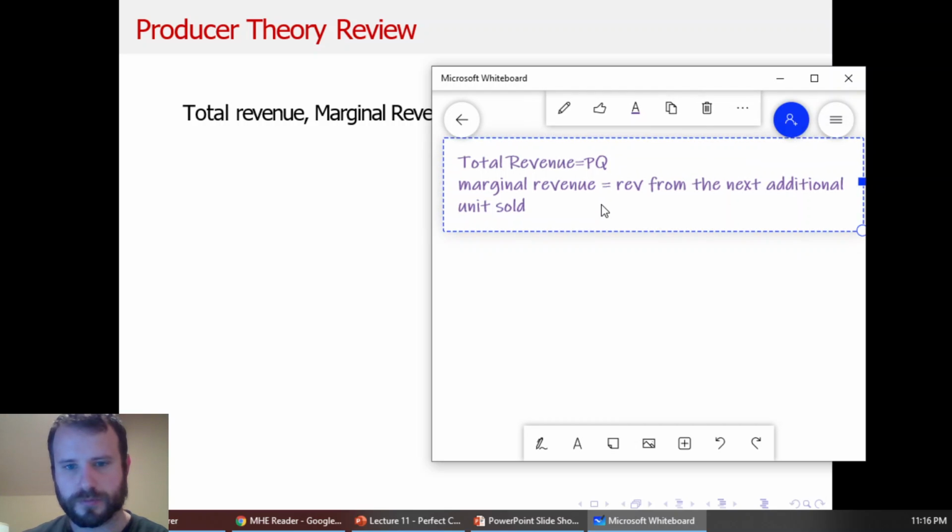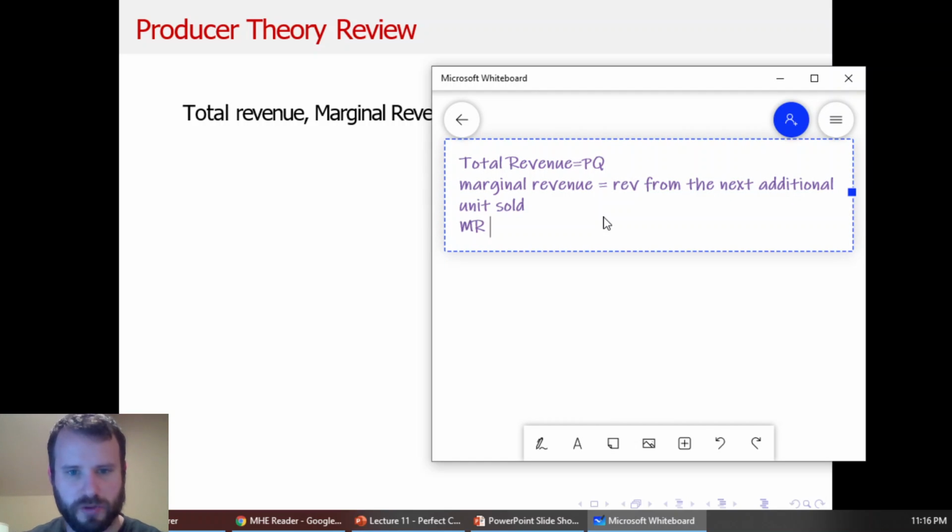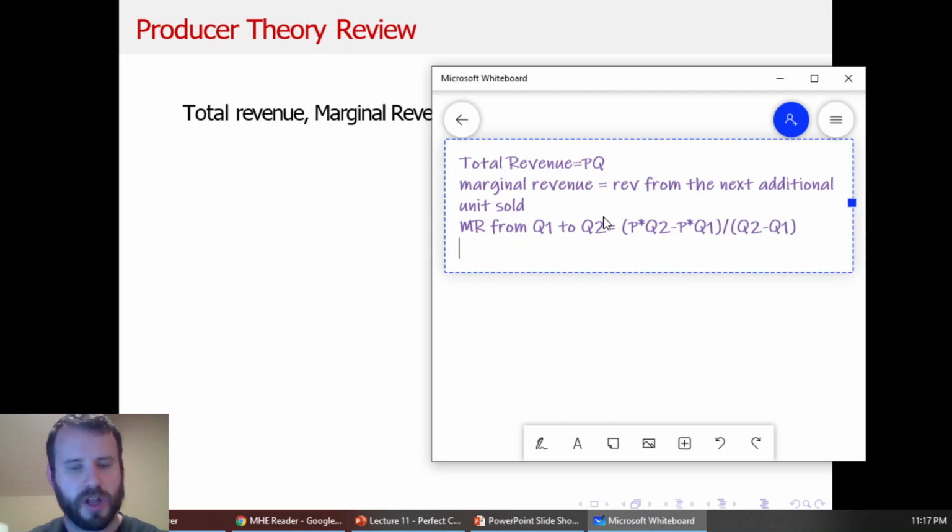So if I'm looking at the marginal revenue from Q1 to Q2, that's going to be equal to price times Q2 minus price times Q1, and then you can divide it by Q2 minus Q1.